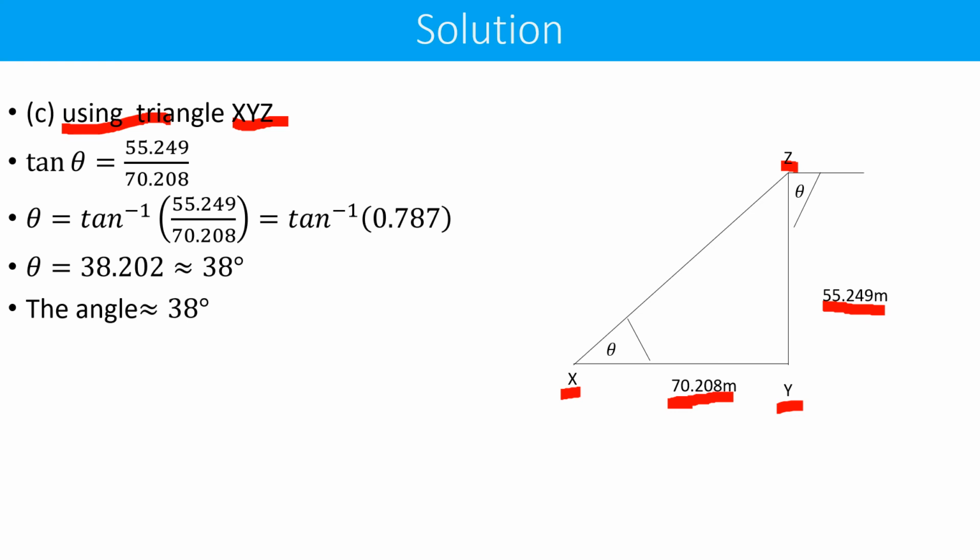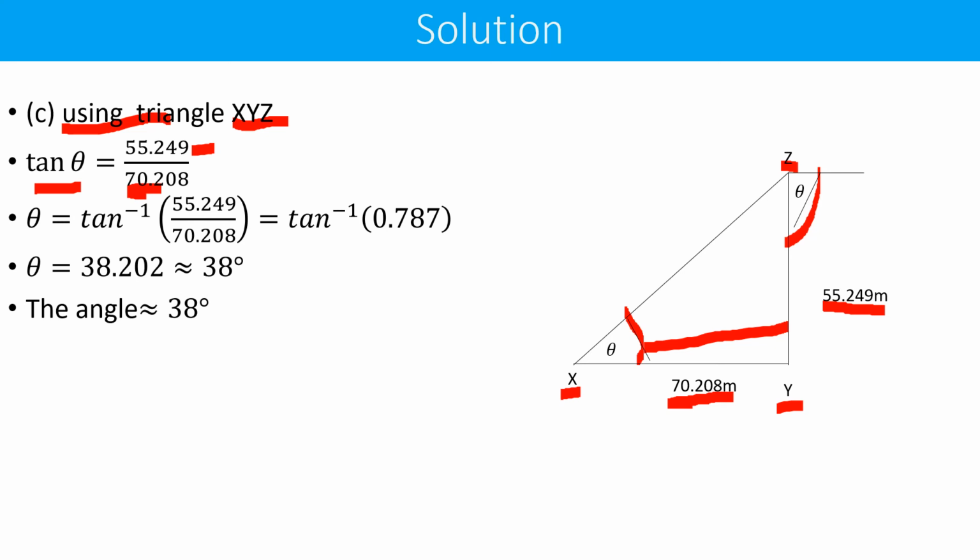So using that, the angle of depression from Z to X will be formed here, and since the angle of depression is equal to the elevation, you indicate it here. So it's facing 55.249. So tan theta is 55.249 over 70.208.